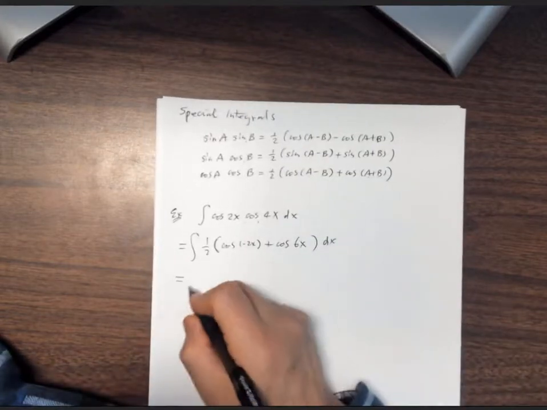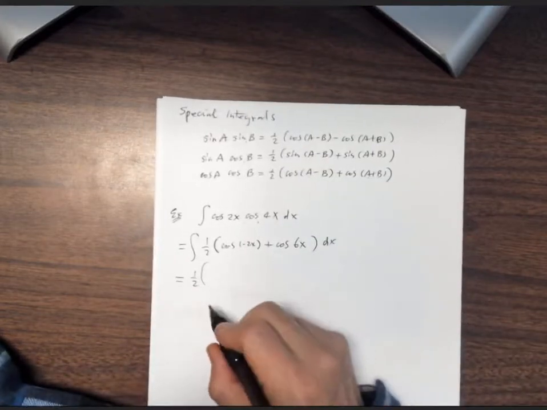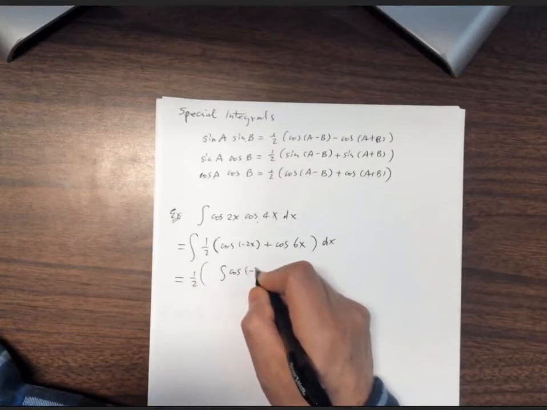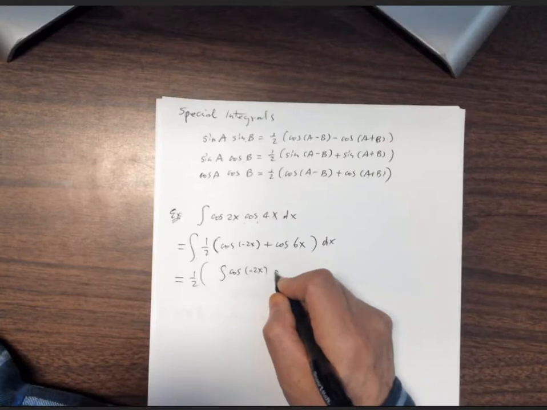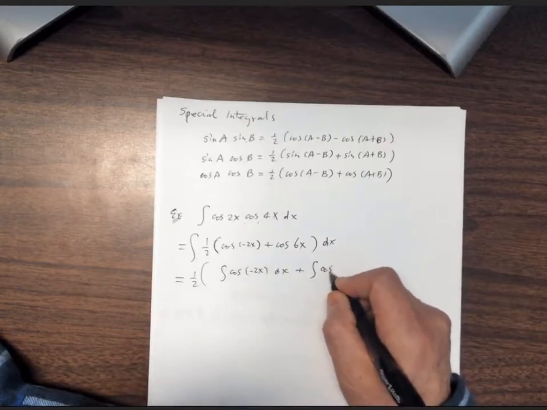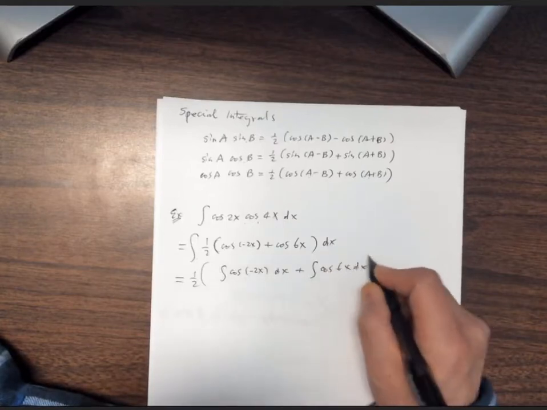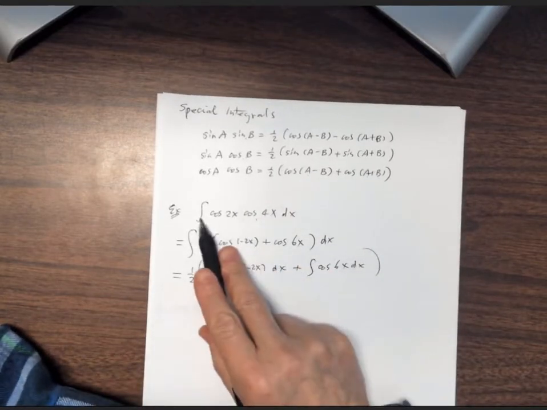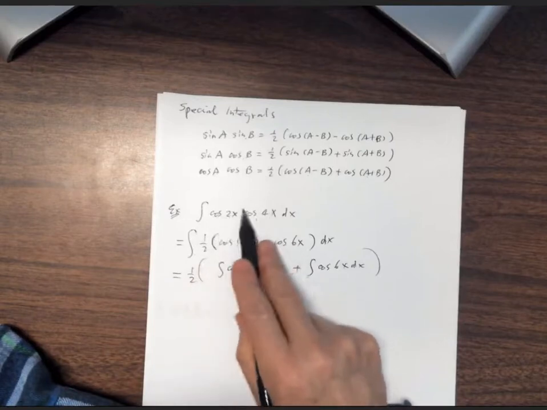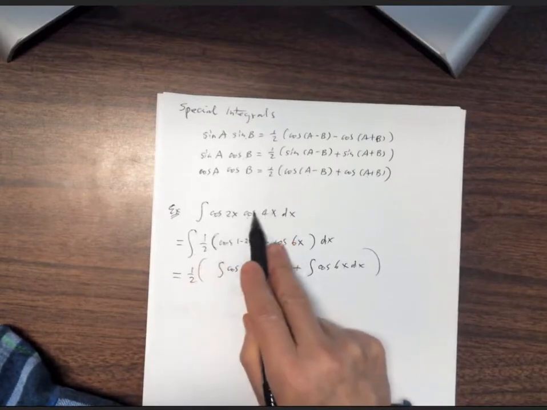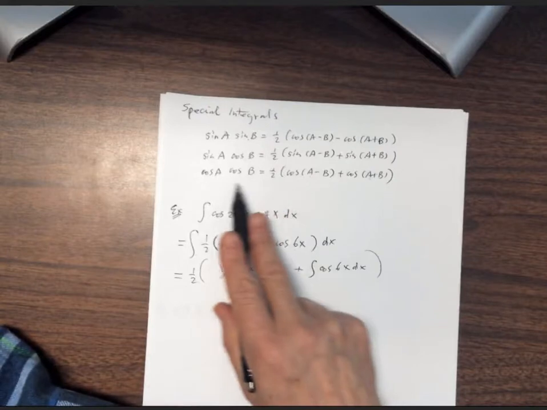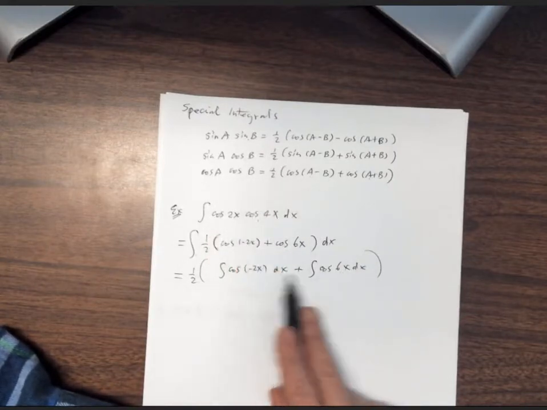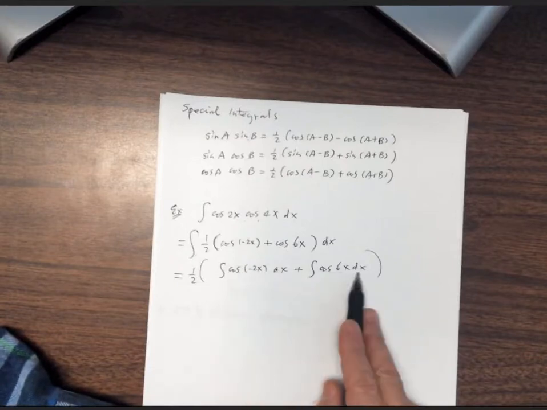Okay, the half goes to the front, so I have the integral of cosine negative 2x dx and cosine 6x dx. You see, start with the integral of a product of trig, with the trig identity split this into two separate trig. So cosine alone, cosine alone.